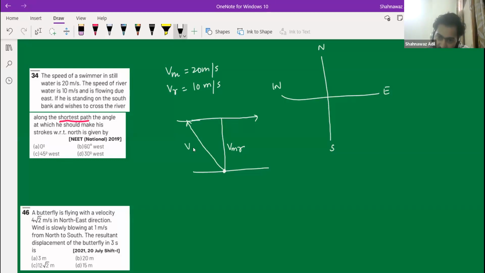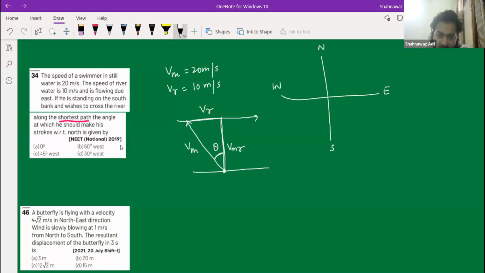This is the velocity of the man, and this is the velocity of the river. We have to find out at what angle he should make the stroke with respect to north. This is the north. This is the theta that we have to find.